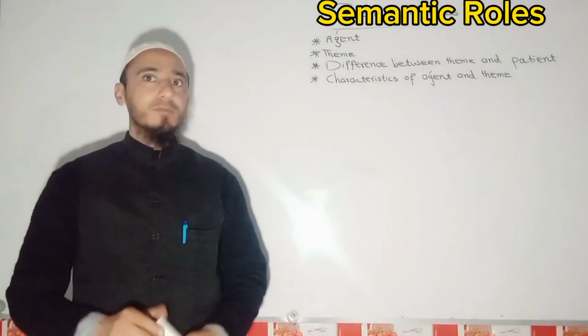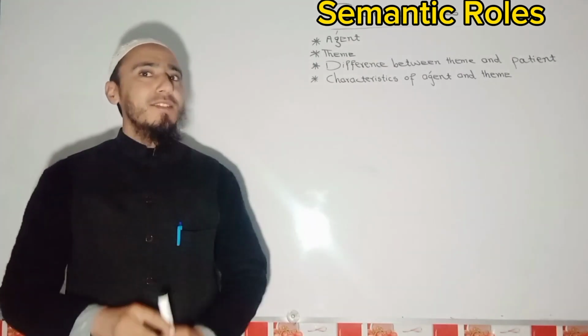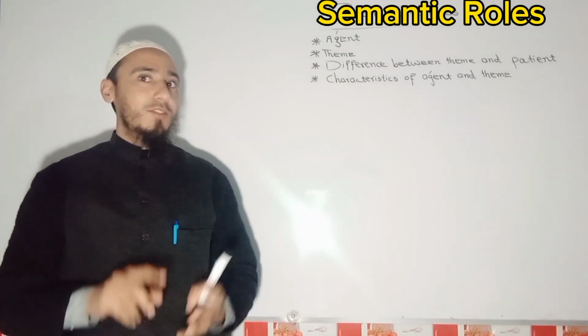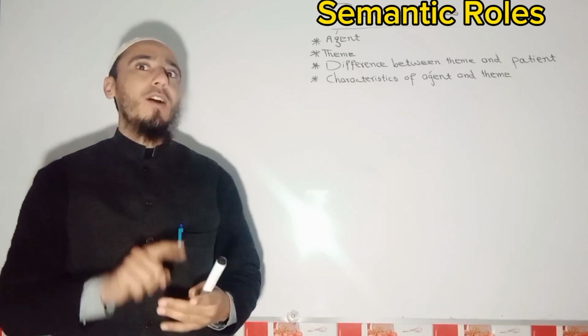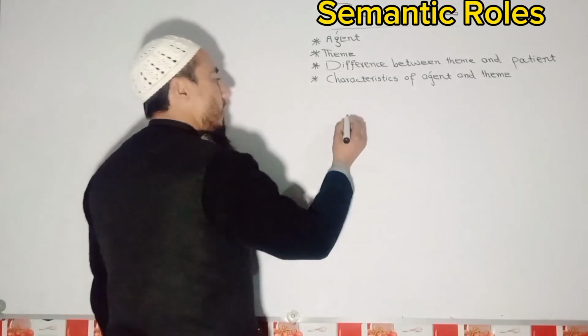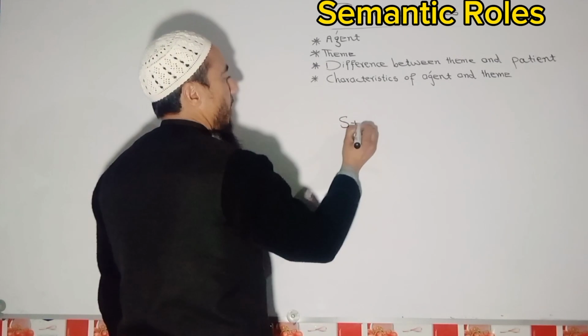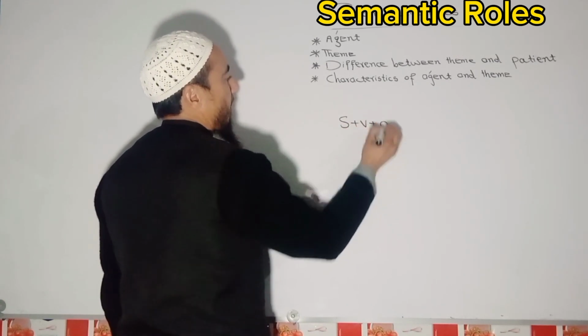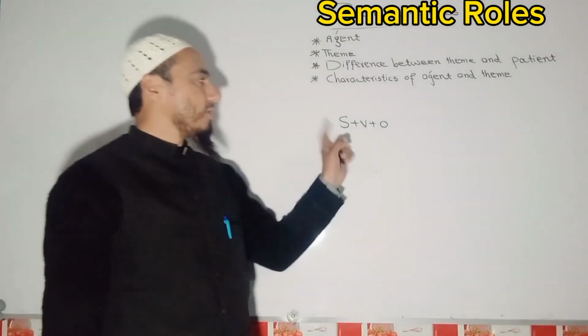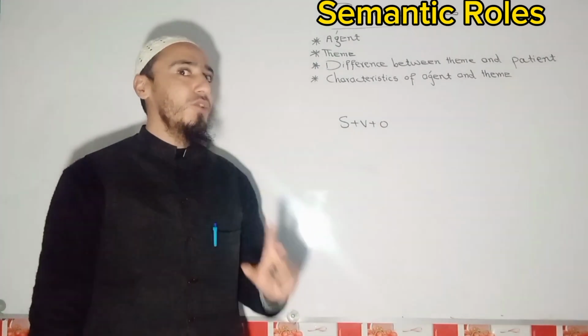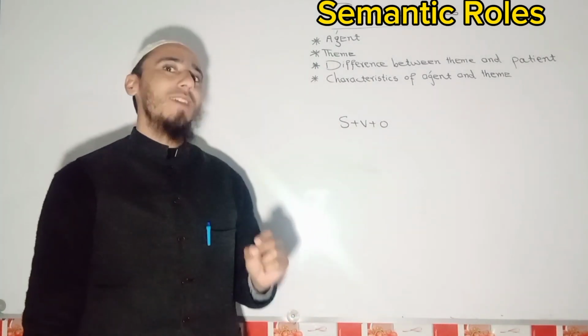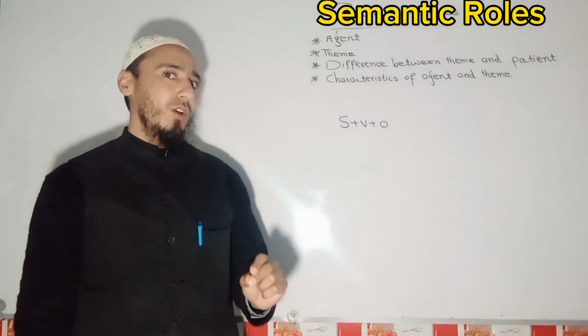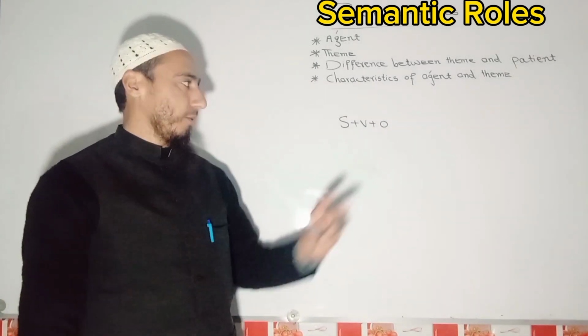Listeners and audience, basically we have subject, verb and object in a sentence. Subject is the doer of the action. Subject is anyone or anything who performs an action.